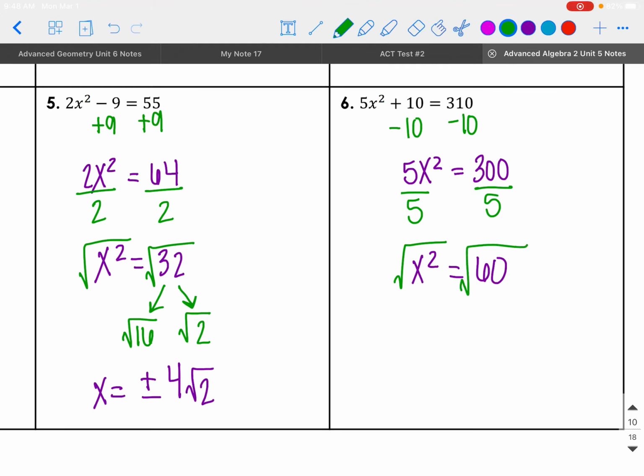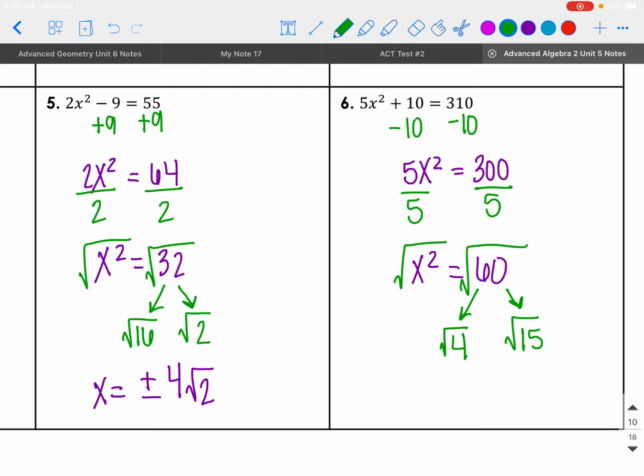And then we go to take the square root. And we're looking for the largest perfect square that goes into 60. And I believe that's going to be 4. Square root of 4, square root of 15.